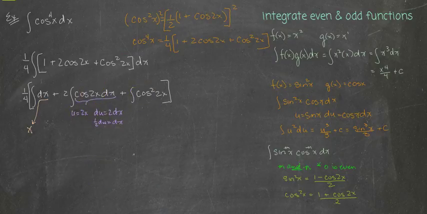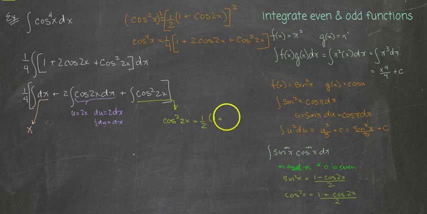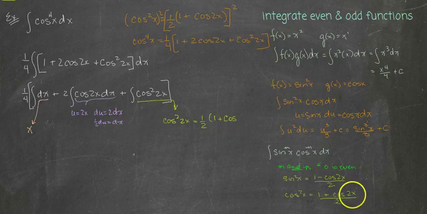But this last one, this is the tricky one. What do I have here? Well, I just have a repeated calculation using the power reducing identity. This one is going to use cos squared of 2x, where 2x is just my angle, equals 1/2 times 1 plus the cos of, well, 2x being my angle.